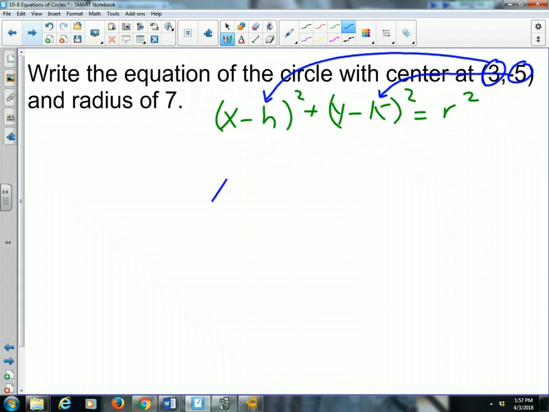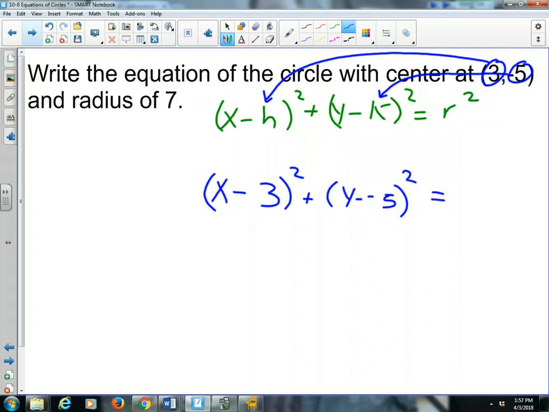So it is x minus whatever h is. H is 3. So it's x minus 3 quantity squared plus y minus k quantity squared. So y minus the k, the y coordinate of the center, is a -5. So y minus a -5 quantity squared. That equals our radius squared, and our radius squared is 7.